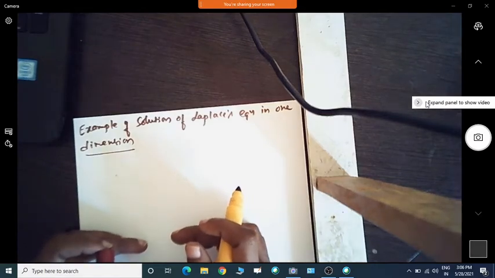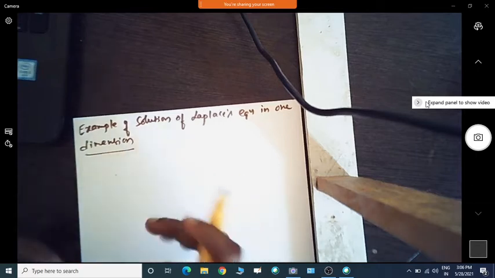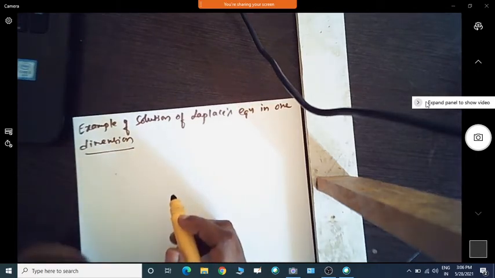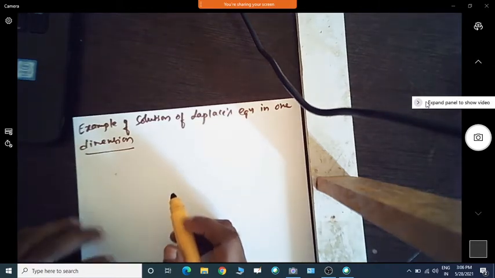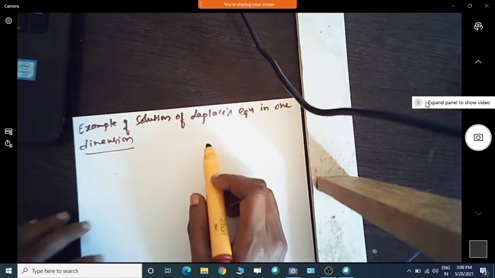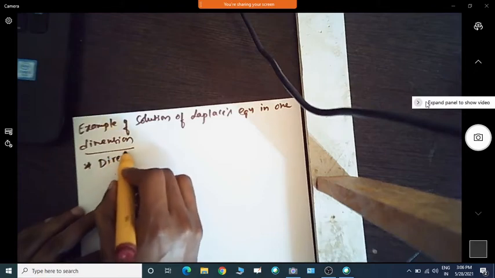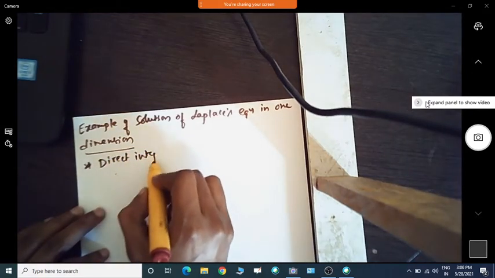Based on mathematical techniques for second order partial derivatives, one very simple solution method is the direct integration method.